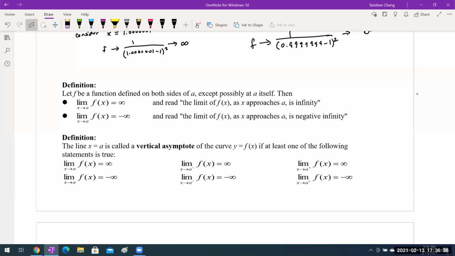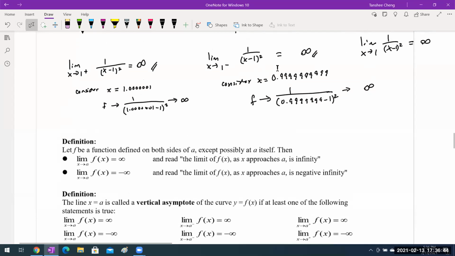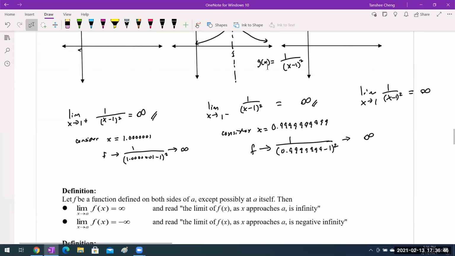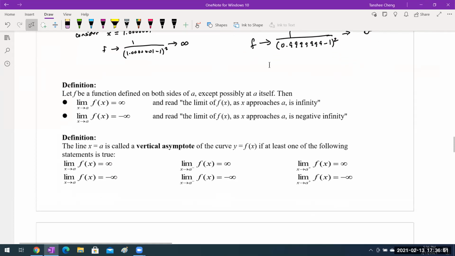Infinity or negative infinity. And I'll give you an example with the rational functions, which is where the vertical asymptotes are, right? So now I can look at the calculus approach to talk about these vertical asymptotes.